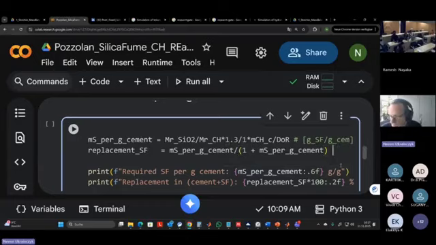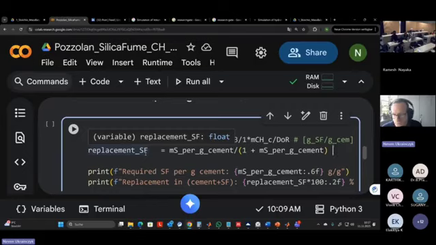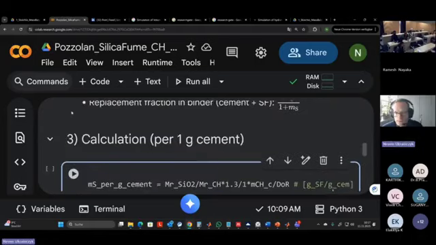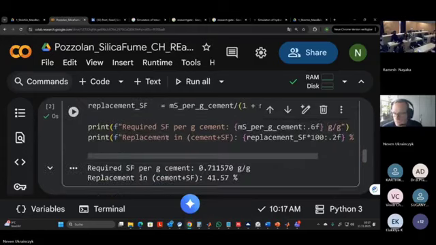And this gives you the replacement ratio, the mass fraction of silica fume in cement. How much can we replace cement? Should we replace cement to fully react, to fully consume Portlandite? And now if we run it, we get the result. So we need more than 40% of silica fume.